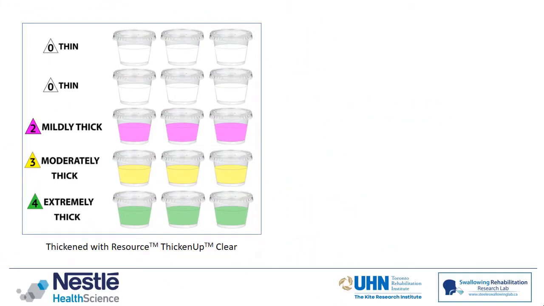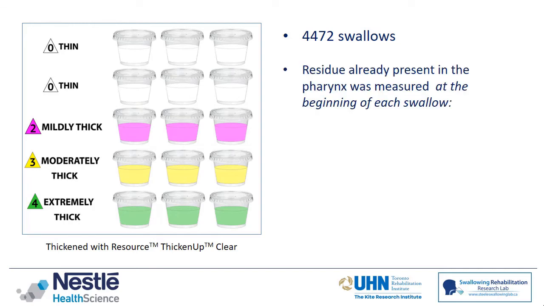The participants in this study each swallowed 15 boluses of different consistencies, and this gave us a huge data set of more than 4,400 swallows to analyze to understand the link between residue and penetration-aspiration. What we did was to start by measuring how much residue we could already see present in the pharynx at the beginning of each swallow.